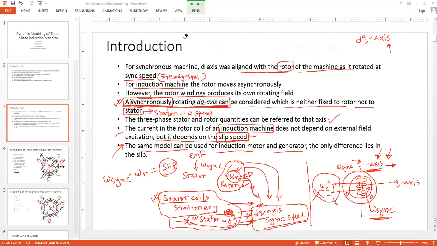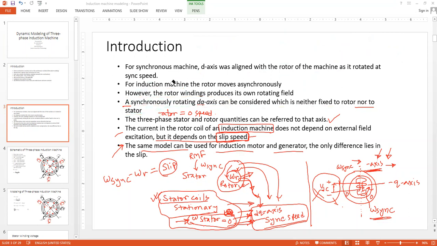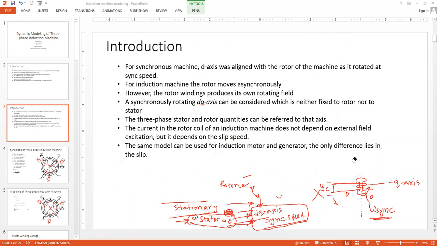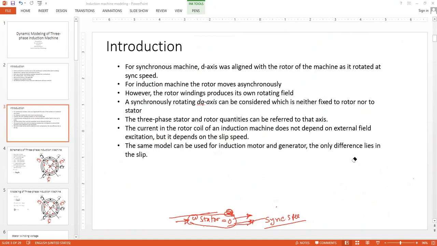Okay, any question up to now? Because slowly now we'll be going into the mathematical part. No question, that's good. Is this true for only a three-phase machine? Yeah, I'm talking about a three-phase machine.